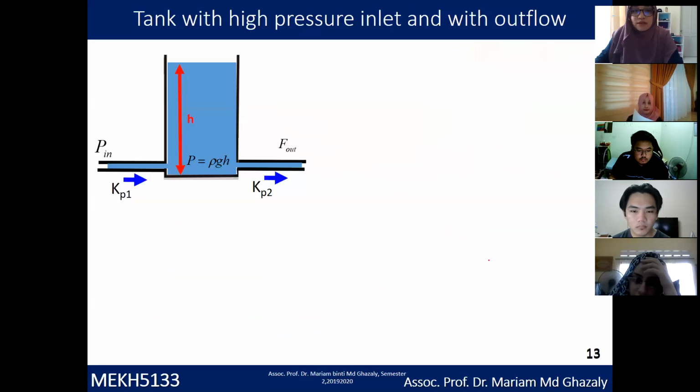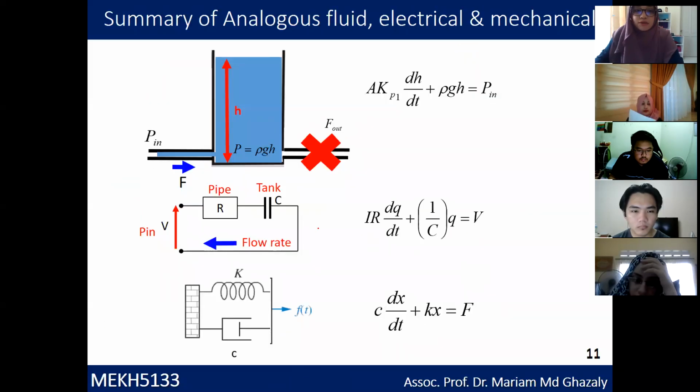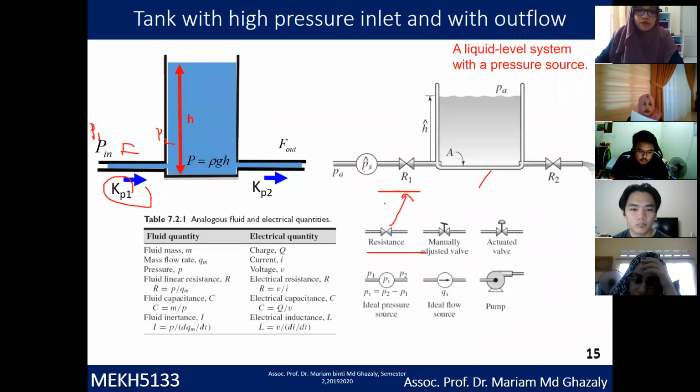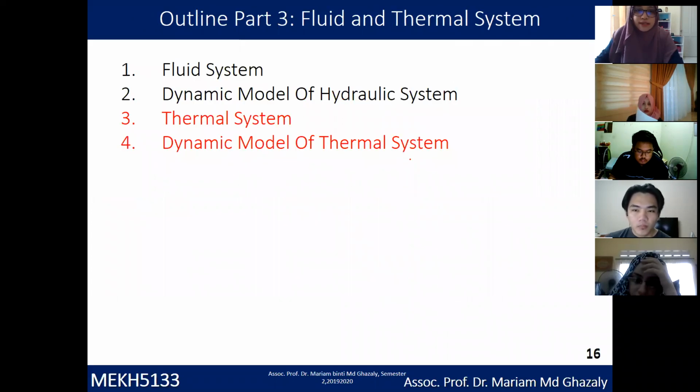Remember that in the previous comparison with the electrical system, you have V in, the voltage source. So it's the same thing: P in is the pressure source. So in this diagram, you can plot the schematic as the pressure source P and the resistance, then the tank, and then the resistance again at the flow out. This is how you do the mathematical modeling for a simple tank, and how to draw the diagram.